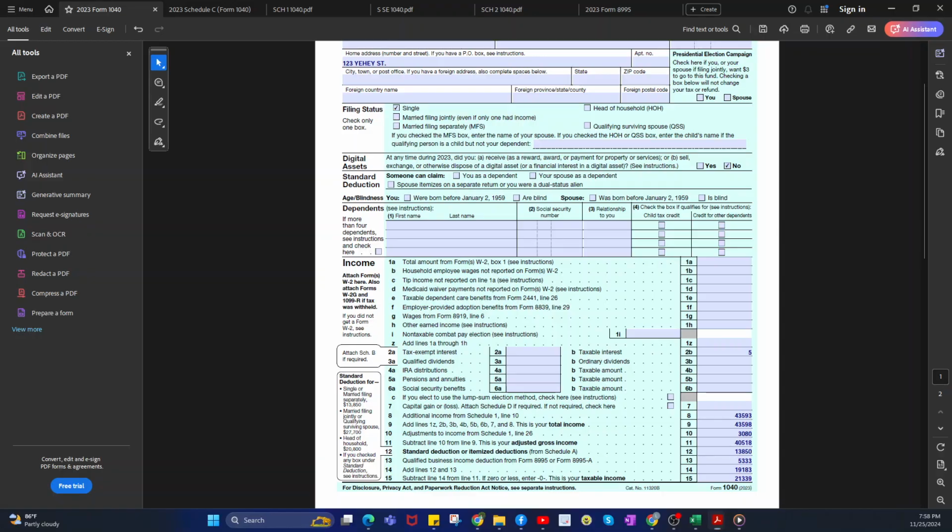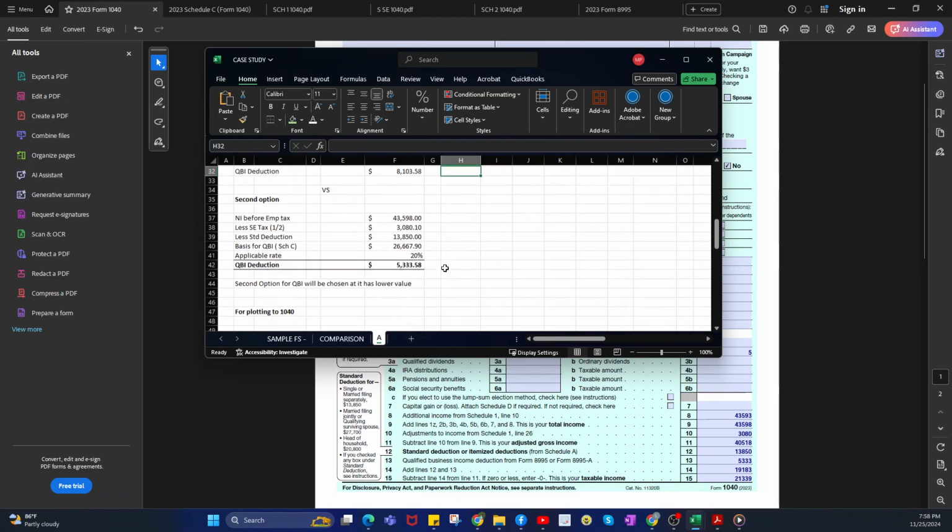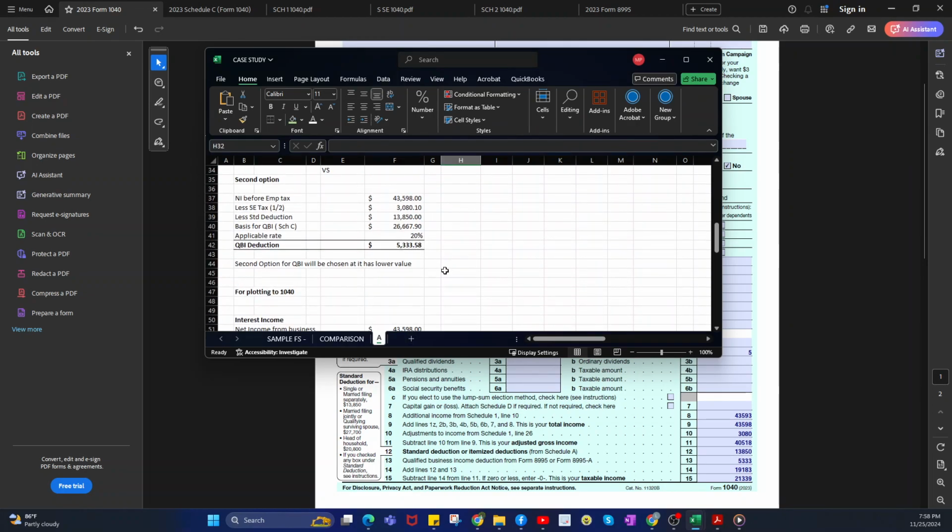So I'll show you. We have here the net income before self-employment tax, and then we subtract the SE tax, and then subtract again the standard deduction, which, if it's single, is 13,850.